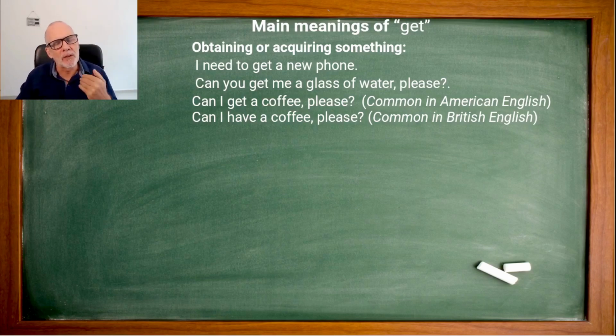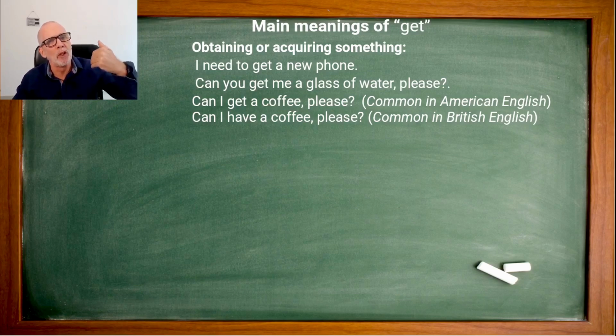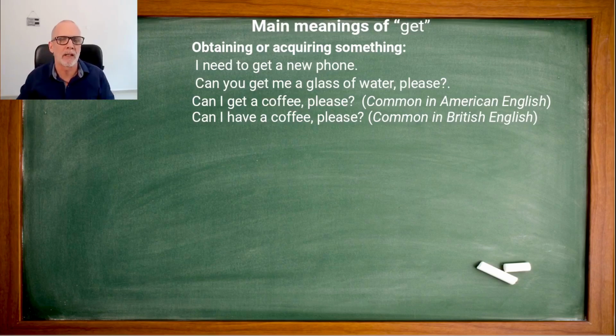This phrase is very common in the United States, in American English, when you go to a restaurant or a cafe and you want some food or a drink. So in American English, if you're going to Starbucks or something like that, they normally say, can I get a cappuccino, please? Or can I get a coffee, please?